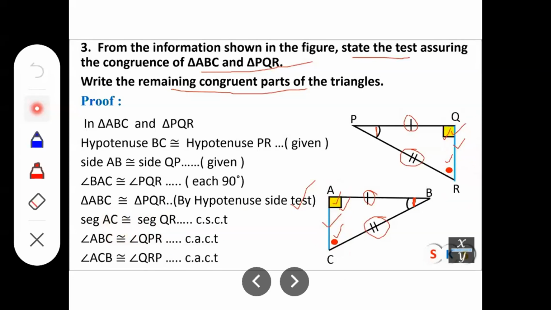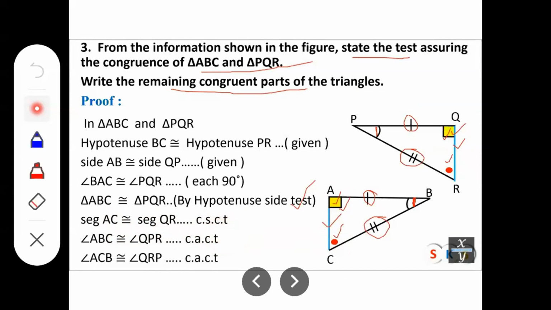And the reason will be CSCT. CSCT means C for corresponding, S for side, C for congruent, and T for triangle: corresponding sides of congruent triangles.